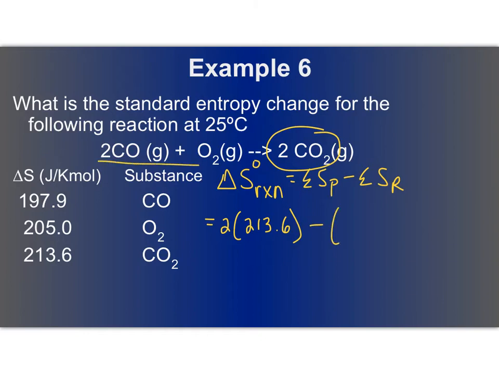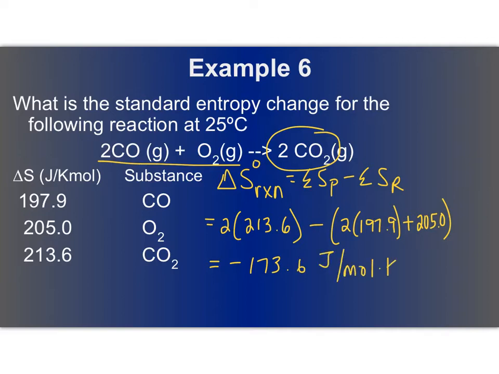There are 2 reactants this time, so we're going to do 2 times 197.9 plus oxygen, which is 205.0. When we add all of these up, we end up getting negative 173.6 joules per mole Kelvin.